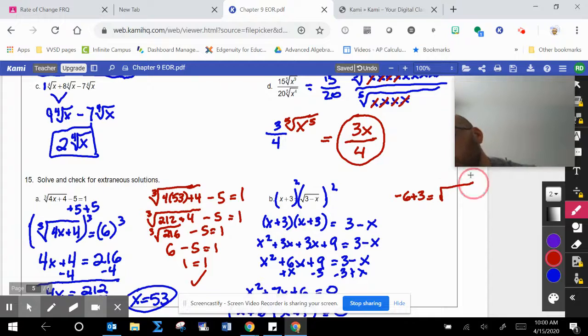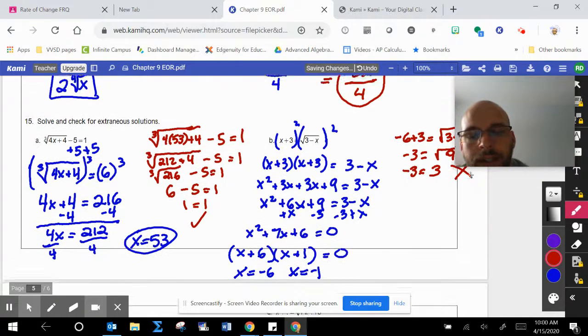That's going to equal the square root of 3 minus, be very careful with your negatives here, -6. So if I reduce the left-hand side, that's just -3. If I reduce the right-hand side, 3 minus -6 is 9. Square root of 9 is just 3. Are those the same? Absolutely not. Those are not the same.